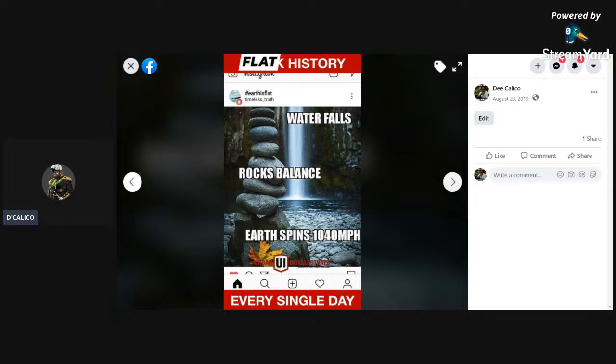And things like this could sit there for ages without a so-called earthquake, and this would never fall, because the earth isn't moving, it's not spinning, and it's not going 1,000 miles per hour. Come on now.